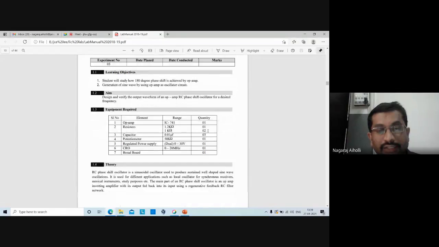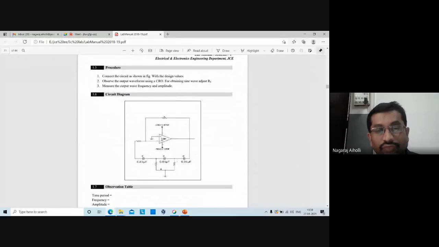Whatever energy it gets from the power supply is what is applied, and from that energy it produces the output oscillations. But in the oscillator circuit, there is no input signal applied.